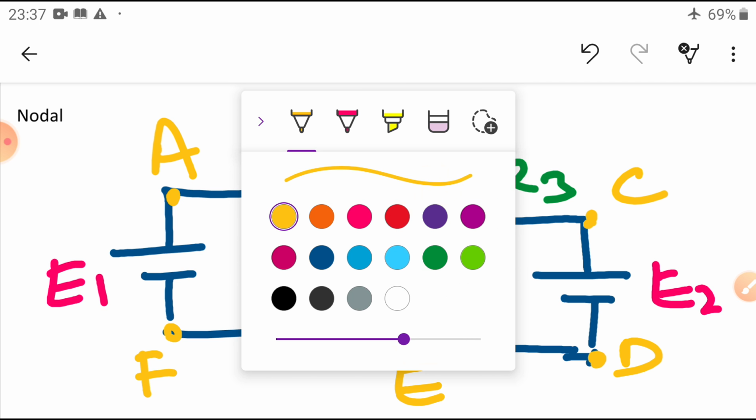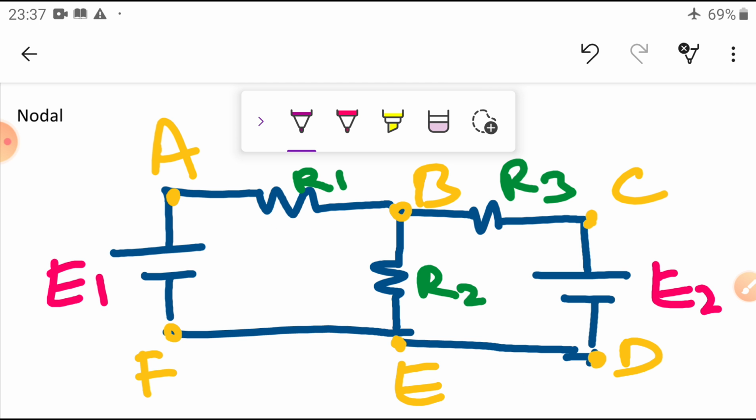Now let us do the first case, the branch current method.